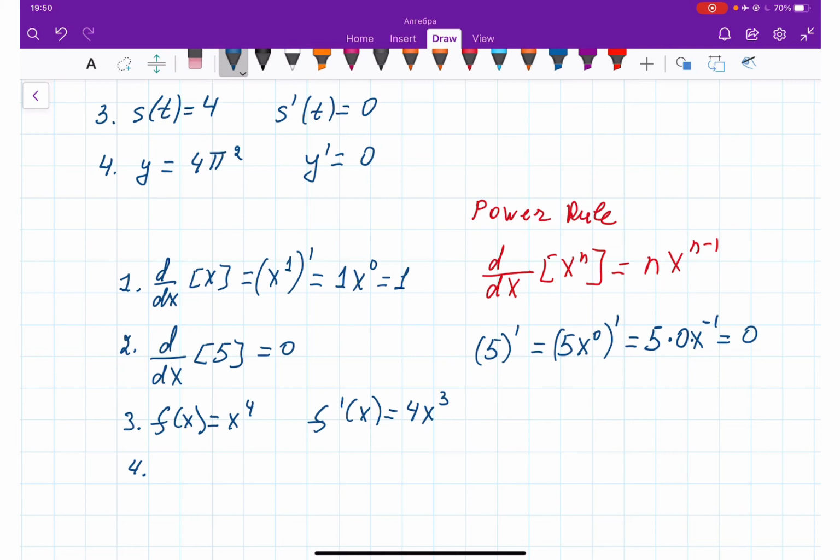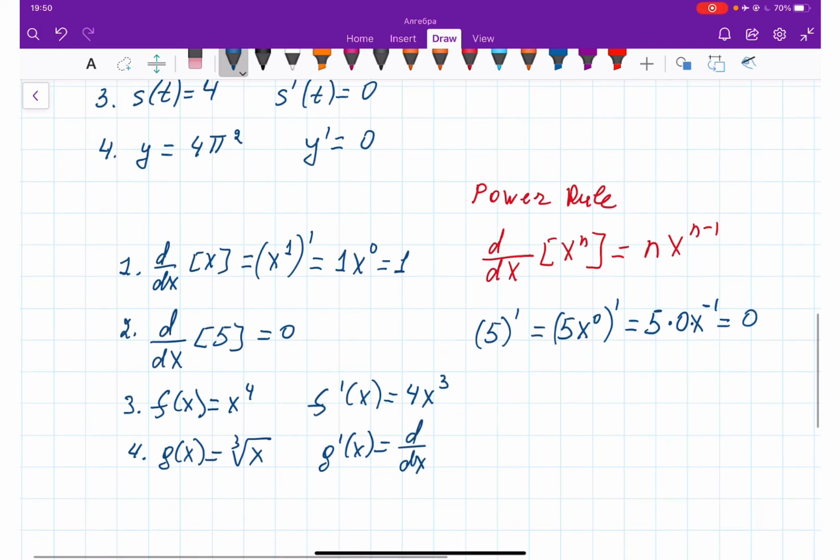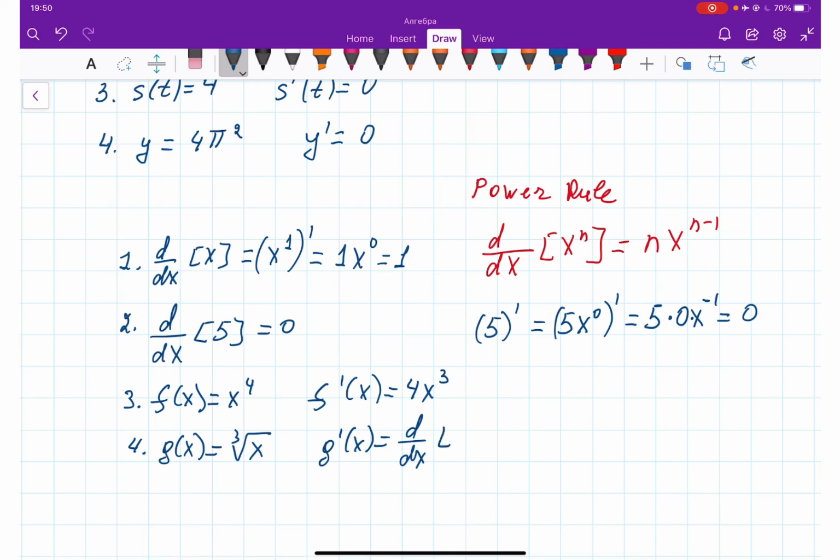Another example, g of x is equal cubic radical of x. So I'm going to write down g prime of x is equal derivative by x, writing down in the form of rational exponent. Whoever doesn't know how to work with rational exponents, look for my topic playlist where we have exponents.